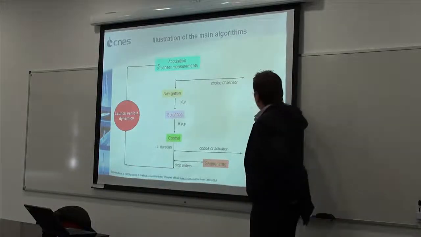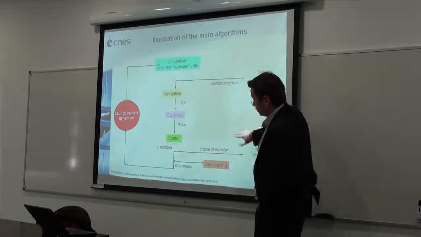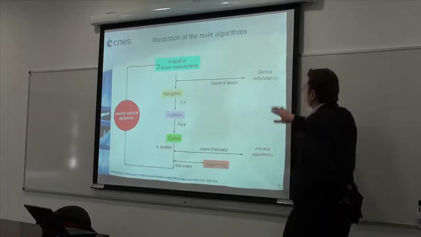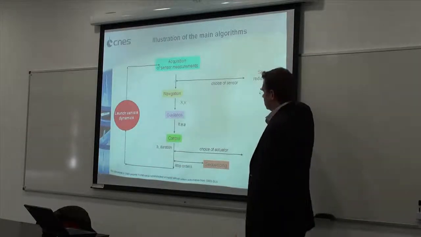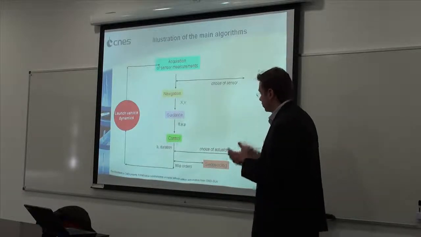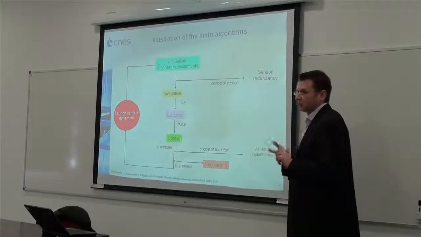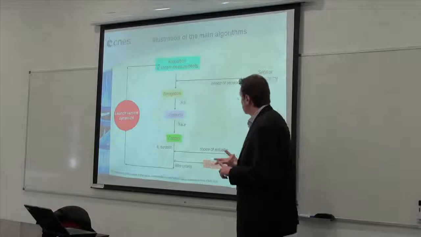As I told you, for some of the launchers, it is the case for Ariane 5 and Soyuz, but not for Vega, we have what we call a redundancy for the electrical equipment. Each electrical equipment is not only there once, but there are two of them on the launch vehicle. For Soyuz, there are sometimes three of them, so there is a triplex architecture.